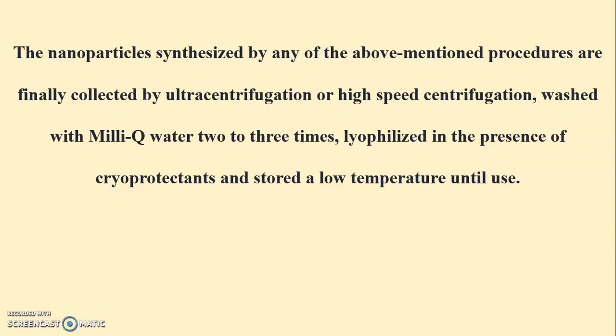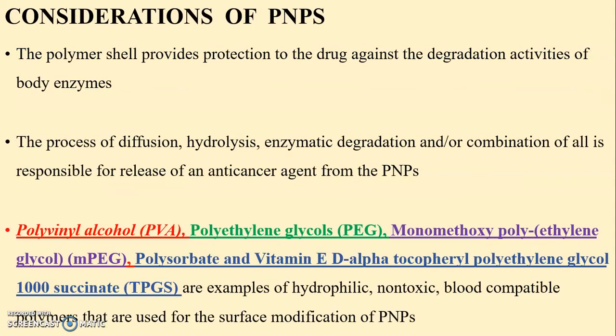The nanoparticles synthesized by any of the above mentioned procedures are finally collected by ultracentrifugation or high speed centrifugation, washed with Millipore water two or three times, lyophilized in the presence of cryoprotectants and stored at low temperature until use. Use of cryoprotectants makes them stable and free flowing, and also prevents shrinkage so that they do not lose their structure.